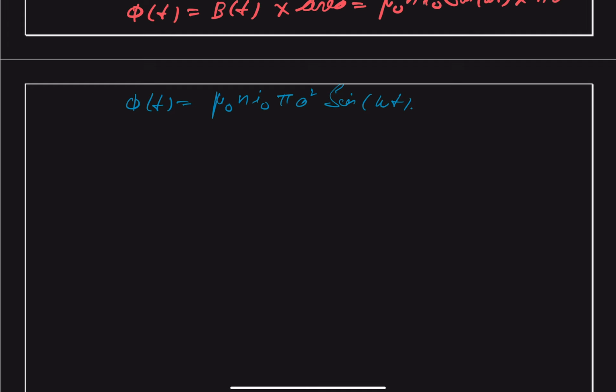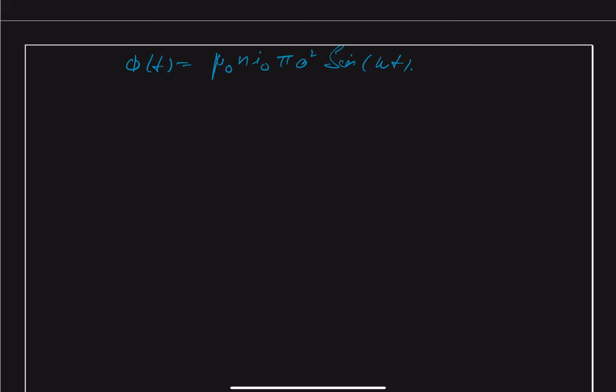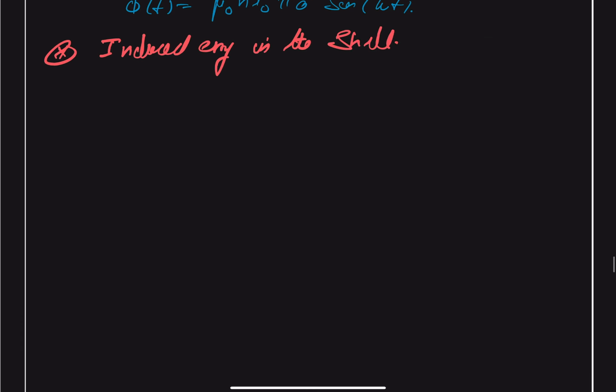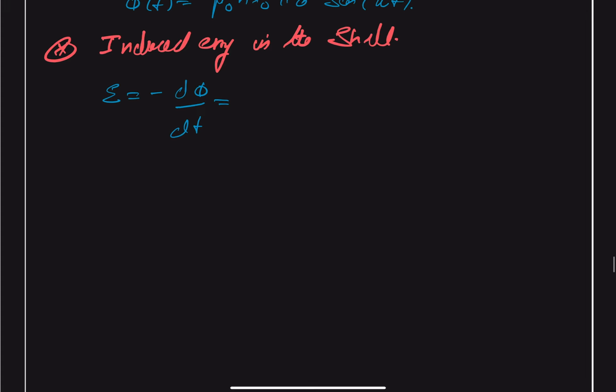And because of this flux, we can find out the induced EMF in the shell, that is EMF is minus d phi by dt, and this comes as minus d by dt of phi.